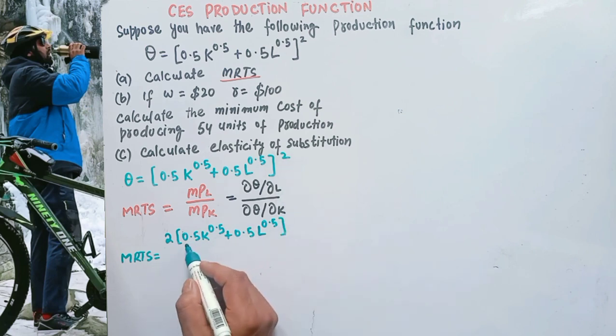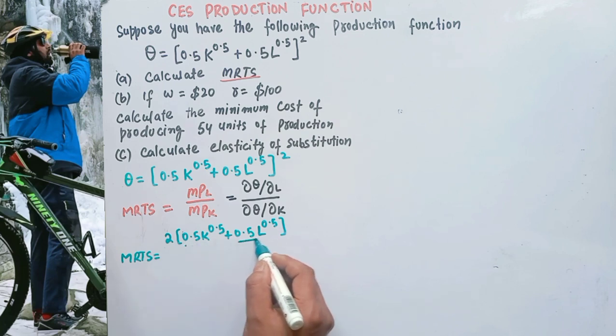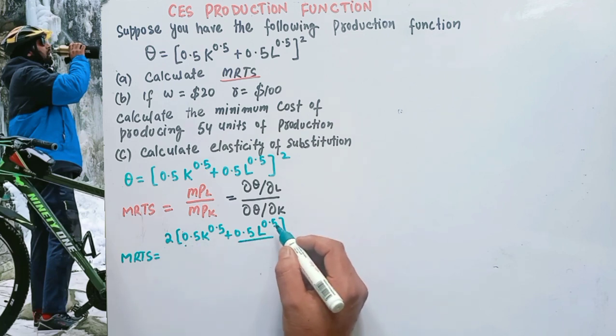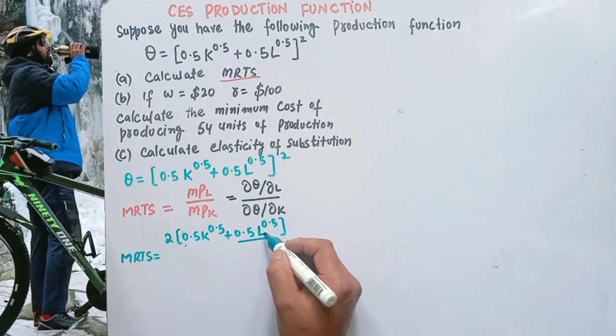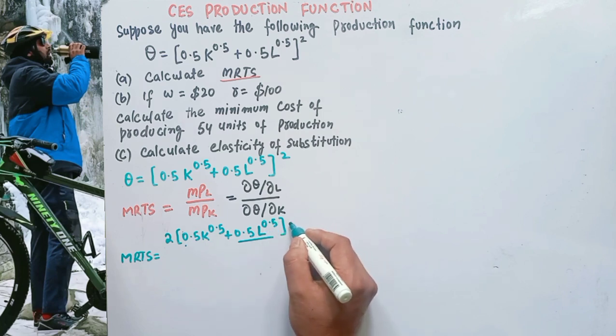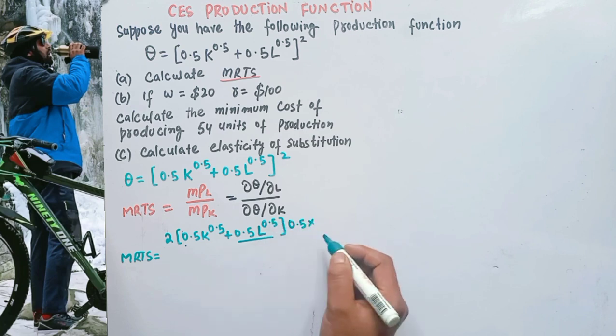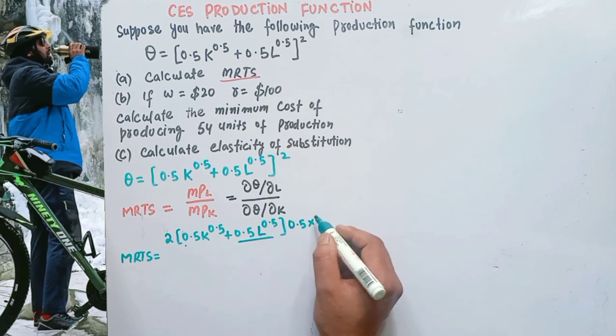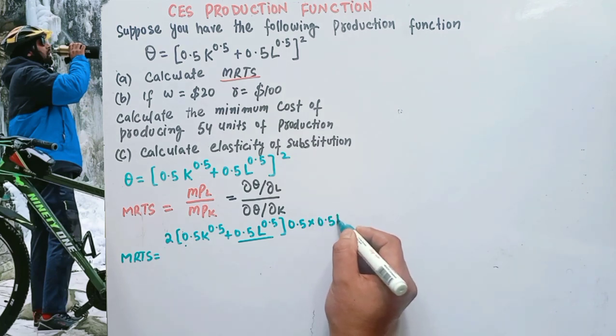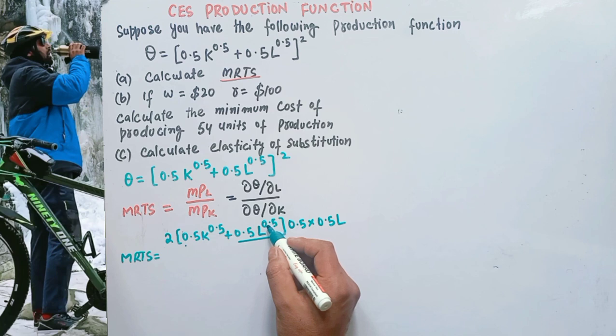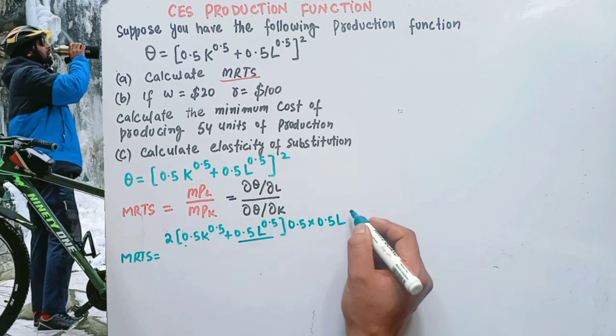And we internally are using the chain rule, we differentiate with respect to L this time. The derivative of 0.5 L to the power 0.5, using again the power function rule, the exponent will be subtracted by 1, so we will get 0.5 L to the power minus 0.5.